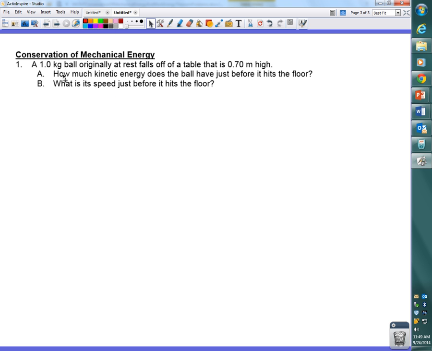Okay, part B says, what is its speed just before it hits the floor? So if it wants to know the speed, first step in the problem, we should identify what? Well, more generally, what should we identify?